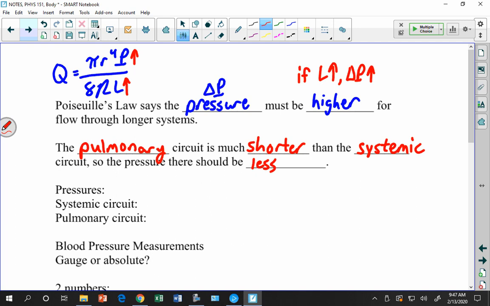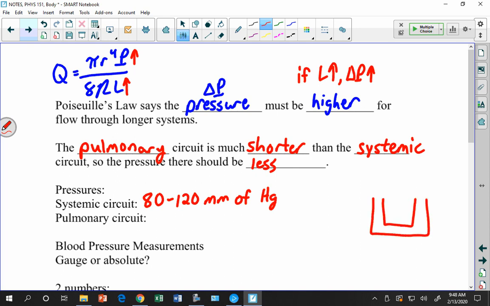And indeed, if you measure those pressures, which you can, the pressure in the systemic circuit is about 80 to 120 millimeters of mercury. Let me remind you where this measurement comes from. If I have a manometer and I have a pressure on this side that's pushing down, that would be the pressure that I want to know.